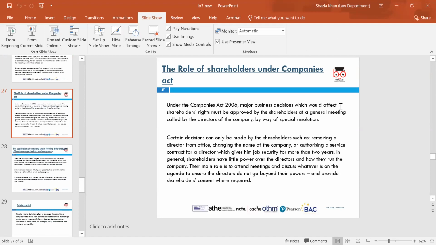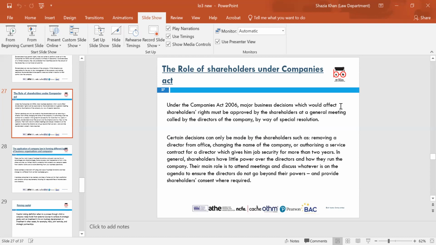Certain decisions can only be made by shareholders, such as removing a director from office, changing the name of the company, or authorizing a service contract for a director, which gives him job security for more than 2 years. In general, shareholders have little power over the directors and how they run the company. Their main role is to attend meetings, discuss whatever is on the agenda, ensure the directors do not go beyond their powers, and provide shareholders' consents where required.